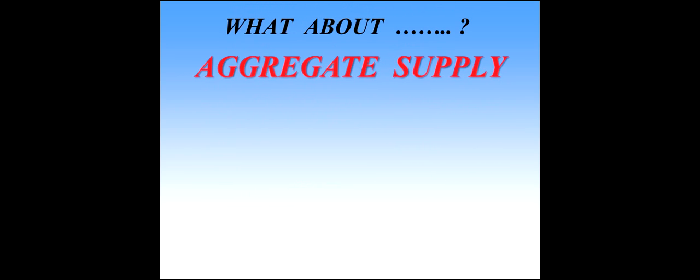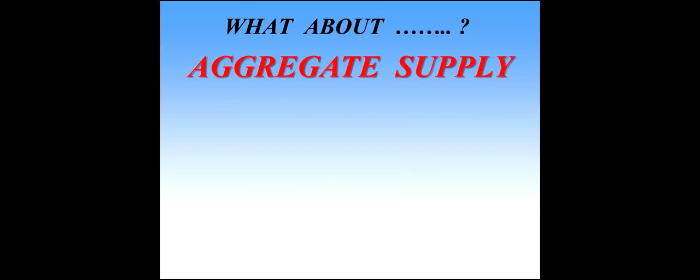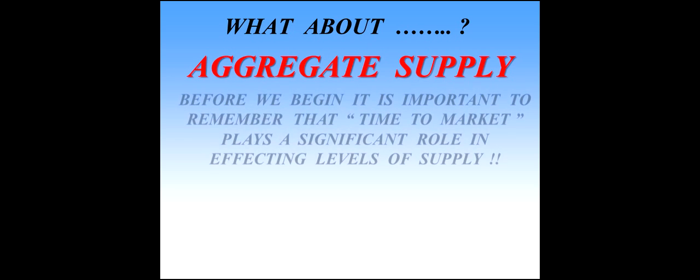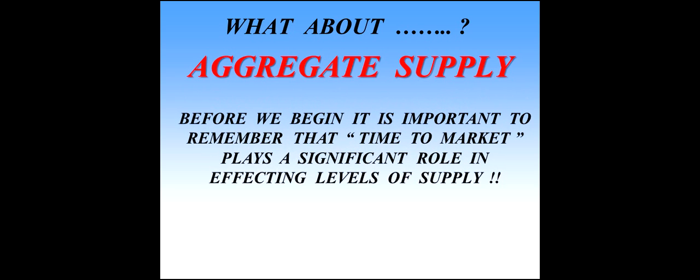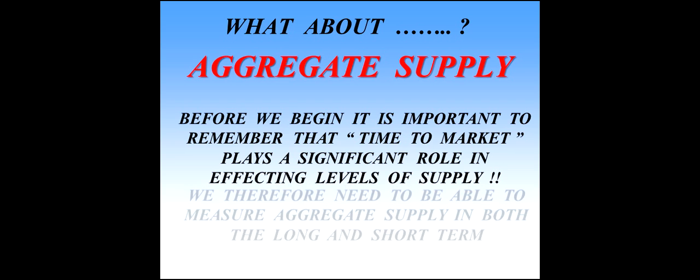Now, what about the other aggregate measurement and aggregate curve, the aggregate supply curve? Before we begin looking at aggregate supply, it is important to remember something that we covered back in Chapter 6 when we were talking about supply to a market specifically, that time to market plays a significant role in affecting levels of supply.